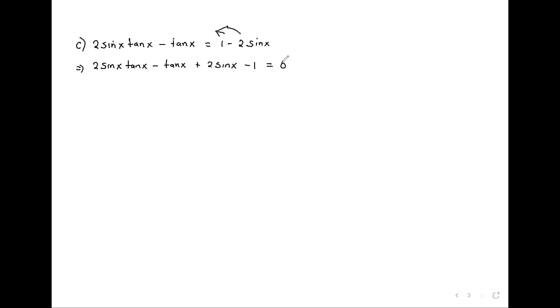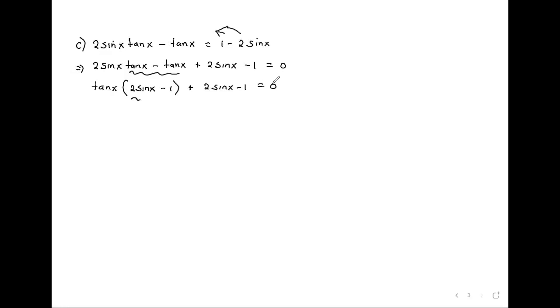And then let's factor out tan from here and see what we get. We remain with 2 sin x minus 1 plus 2 sin x minus 1 is equal to 0.